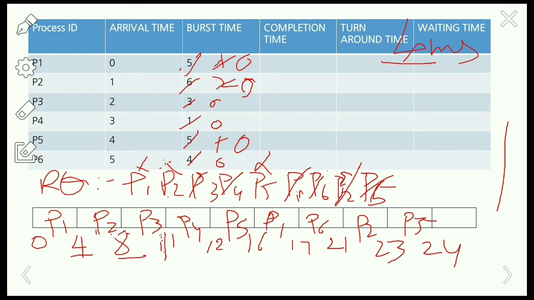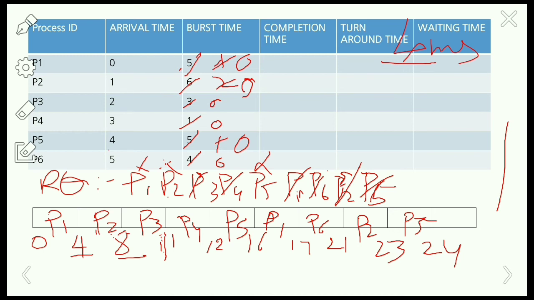You can try this same problem with a time quantum of 2 milliseconds, 3 milliseconds and 1 millisecond, and you can see the difference. If you reduce the time quantum, the context switching will increase.